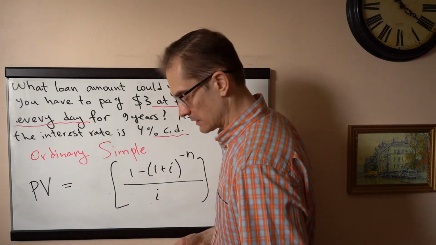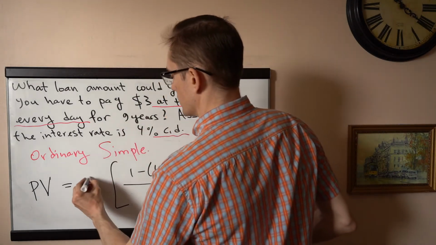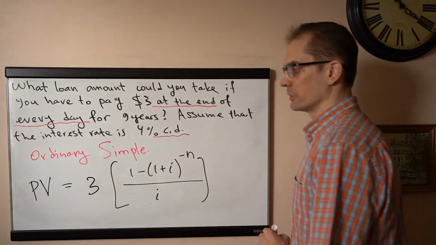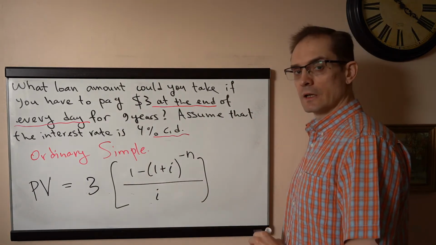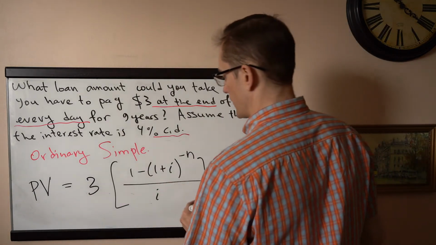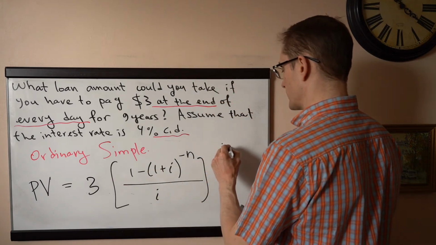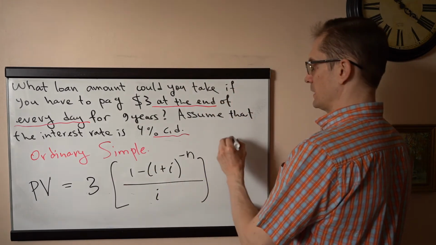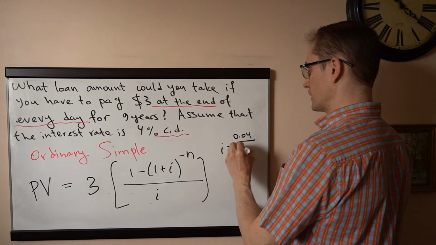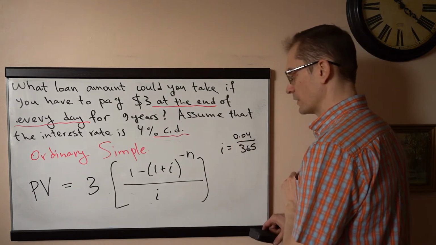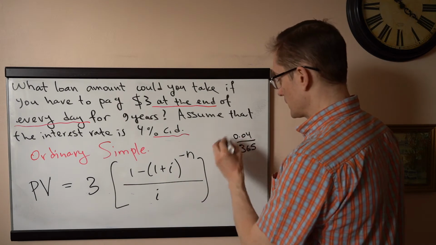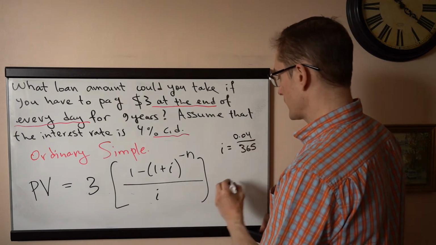PMT is $3, so you pay $3 for that loan, and that's the payment. Now i, but let me put it separately here. i is 0.04 divided by 365. Right? So that's the periodic rate in this case.